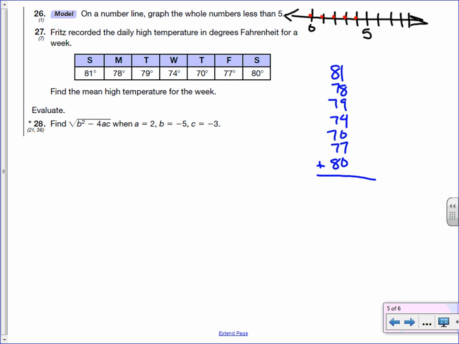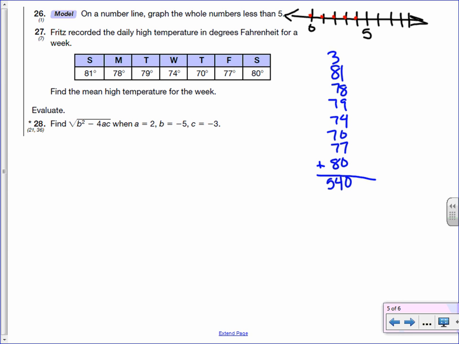So 9, 18, 23, 30, 11, 18, and 10, 18, 25, 32, 39, 46, 54.